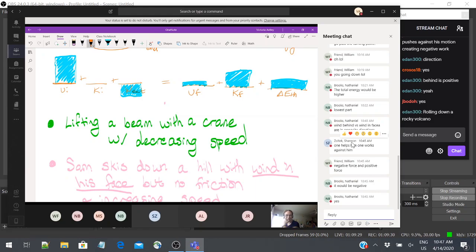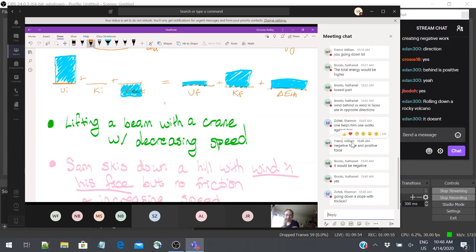Rolling down a rocky volcano. Tell me how the volcano plays into this. It doesn't. Okay. So, okay, how does the external work?